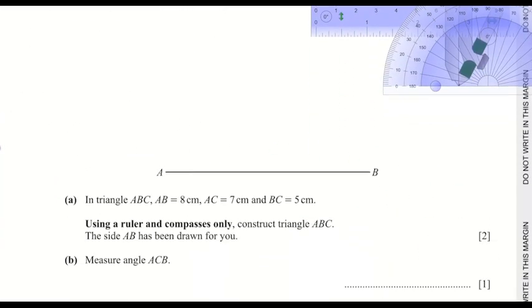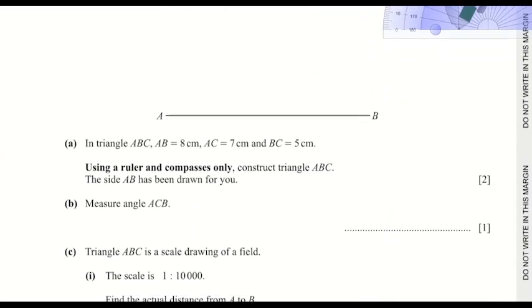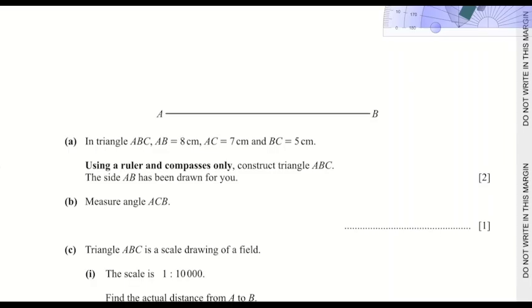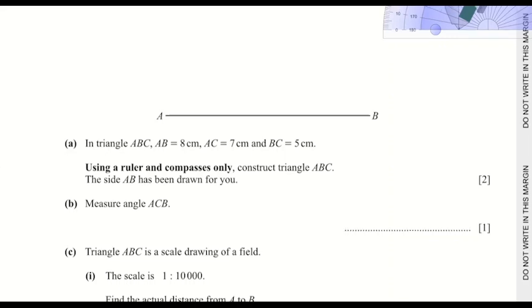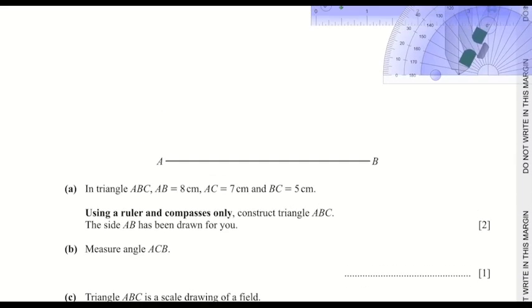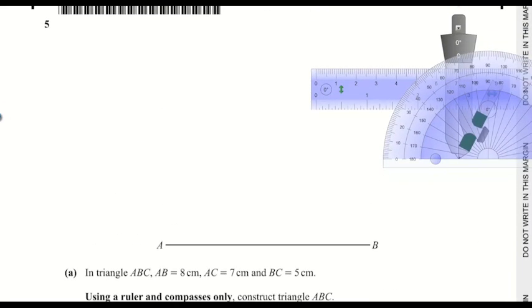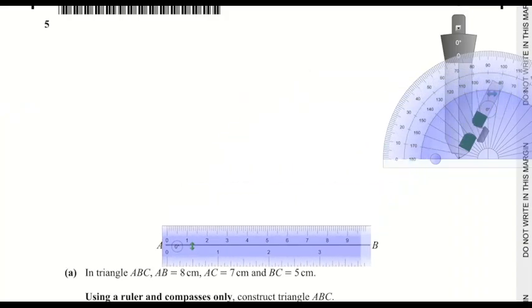Question 5. In triangle ABC, AB equals 8 centimeters, AC equals 7 centimeters and BC equals 5 centimeters. Using a ruler and compasses only, construct triangle ABC. The side AB has been drawn for you. So we need to make use of a ruler and a pair of compasses.